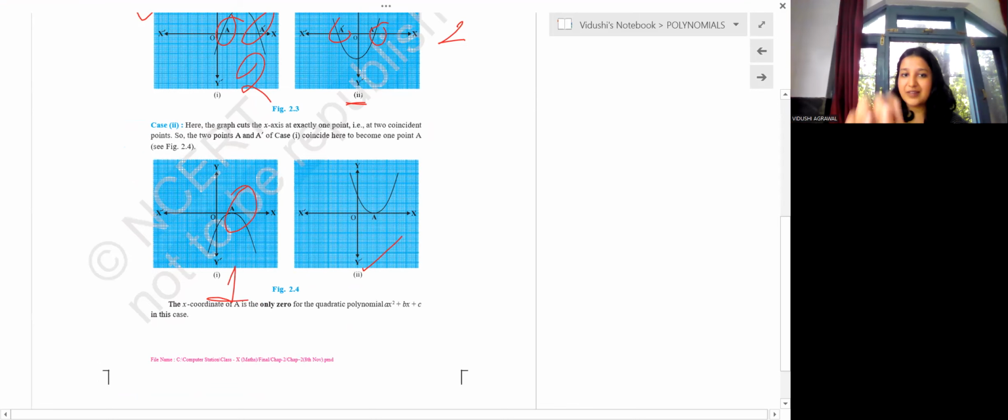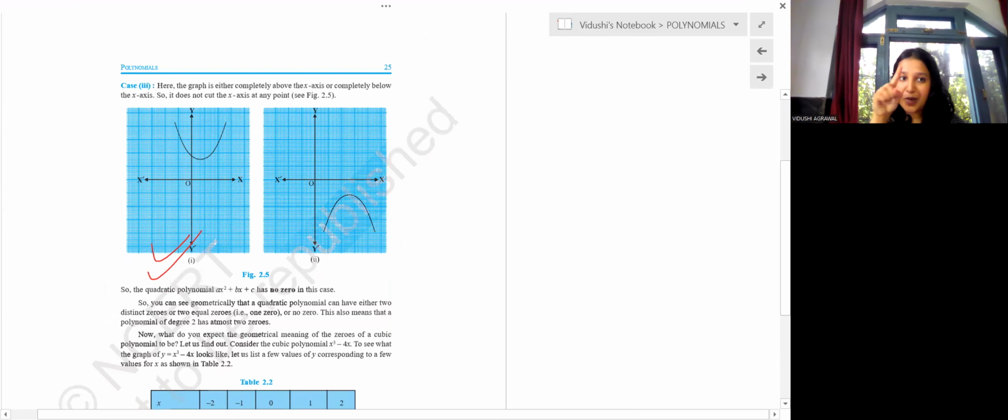Again, here, can you tell me how many zeros are in this graph? Since this parabola is not touching the x-axis, you can write no zero, or 0. No zero will be much better, so just write no zero in this case. In this second one also, it is not intersecting the x-axis. Therefore, no zero shall be here.